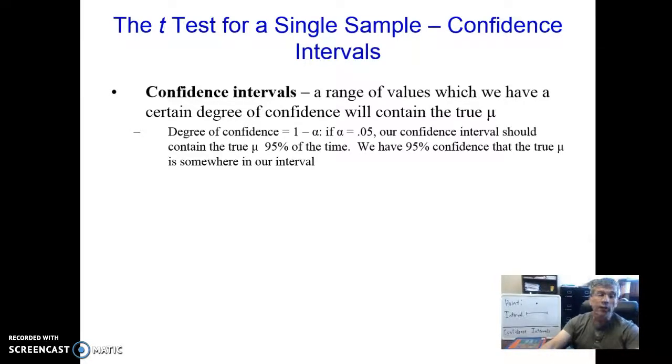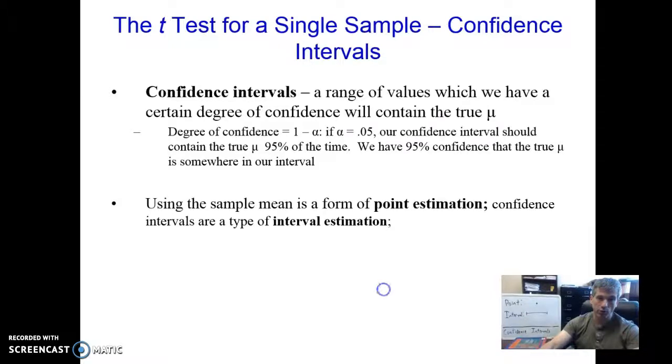So the degree of confidence we use in our confidence intervals is attached to alpha. It is 1 minus alpha. So with a standard alpha of 0.05, our confidence interval that we would make from that would be a 95% confidence interval. If alpha is 0.01, we can create a 99% confidence interval, and so on and so forth. So again, what that 95% means is that you have 95% confidence that the real parameter is somewhere in that interval.